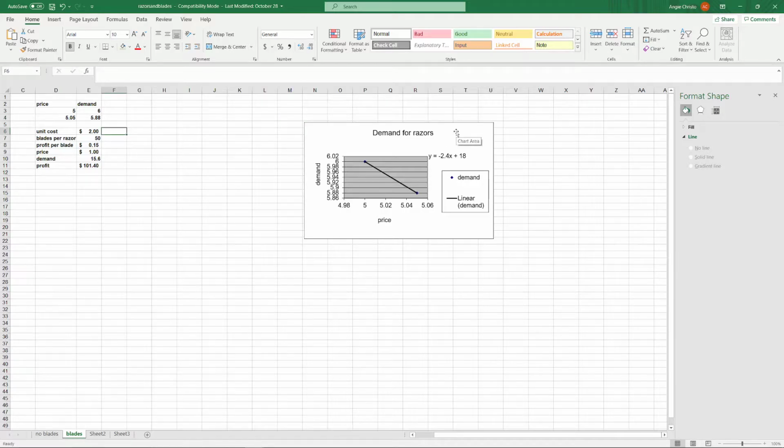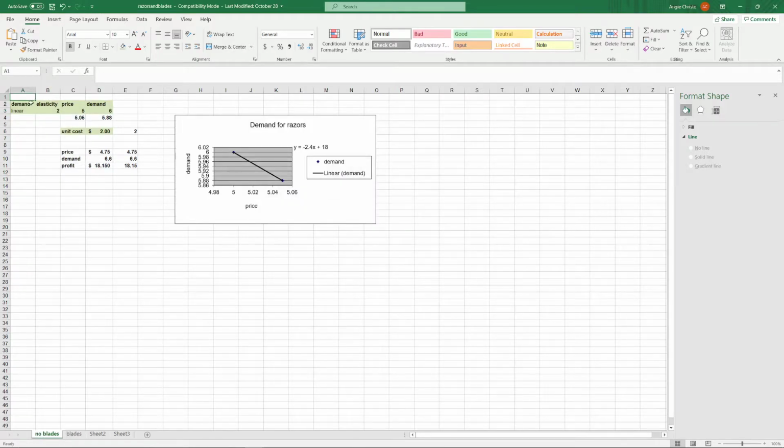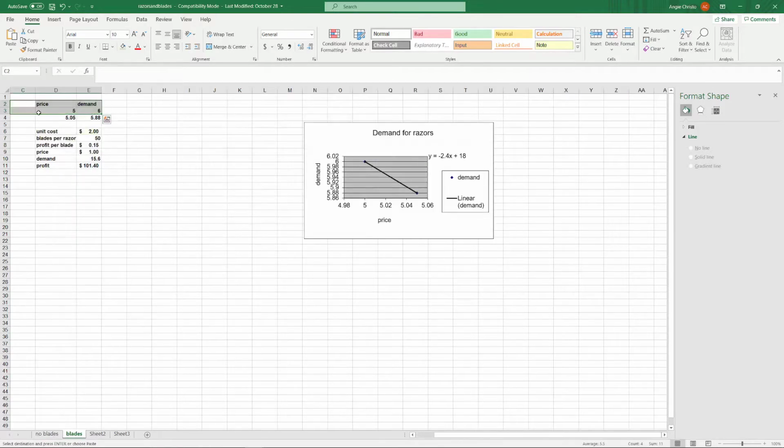So in the example of the razors here, along with the information we had before, we know that the demand is linear, elasticity is 2. We know the unit cost is $2.